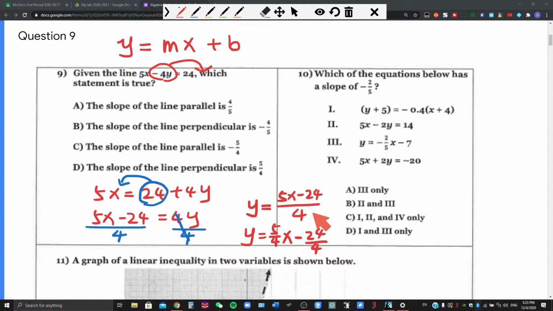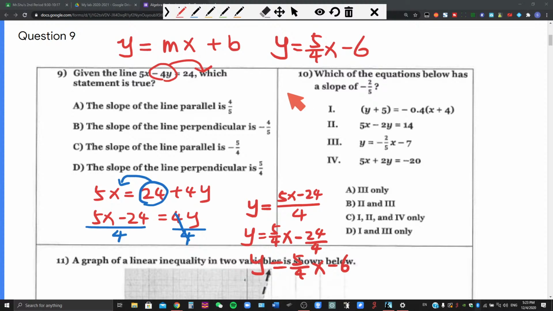So we will have y equals 5 over 4 x subtract 6. Now they are fully in this form. y equals 5 over 4 x subtract 6.